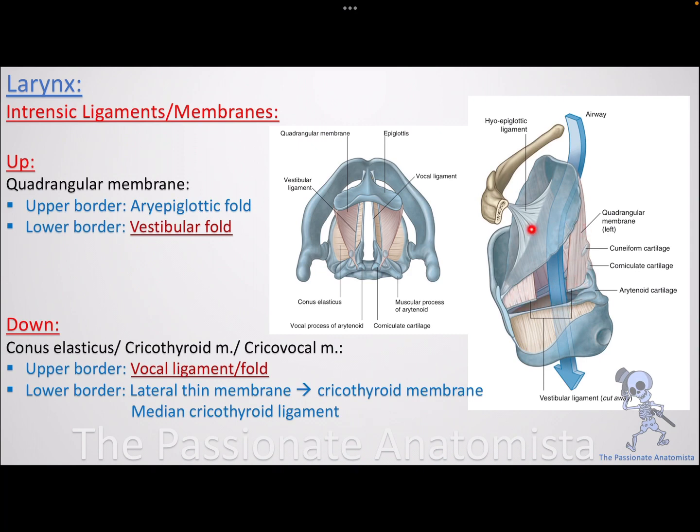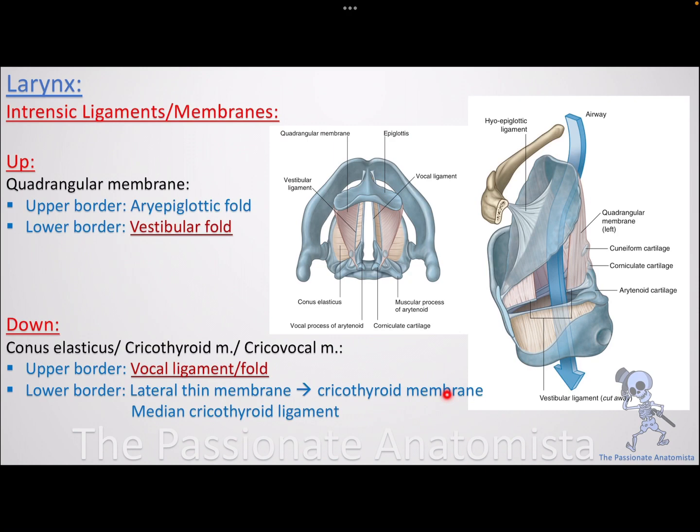All right, and that is regarding the upper intrinsic membrane, and regarding the lower intrinsic membrane, which is the conus elasticus or cricothyroid ligament or cricovocal membrane, this is the one down that connects the cricoid to the thyroid anteriorly and the arytenoid posteriorly, and then condensation of that gives you the vocal fold.